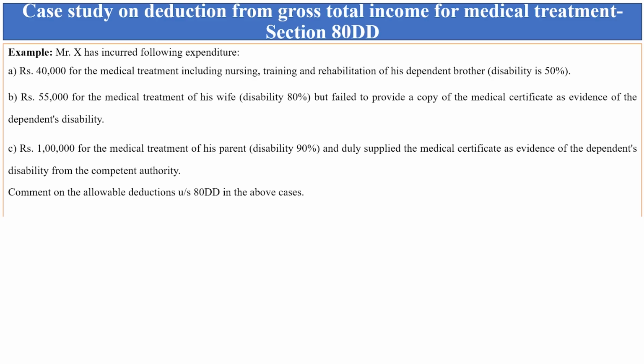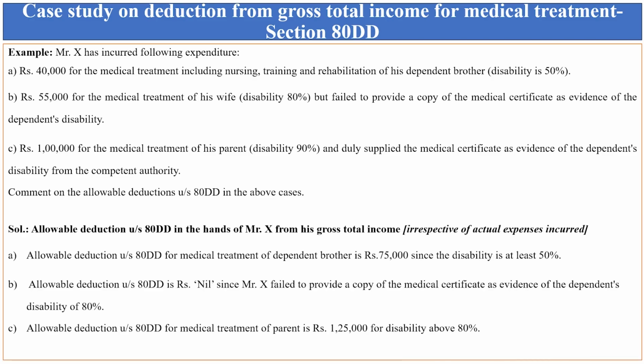So in that case, all the conditions are fulfilled, that is disability above 80%, certificate of evidence of disability is provided. So irrespective of actual expenditure, in this case 1,25,000 is allowable as deduction.